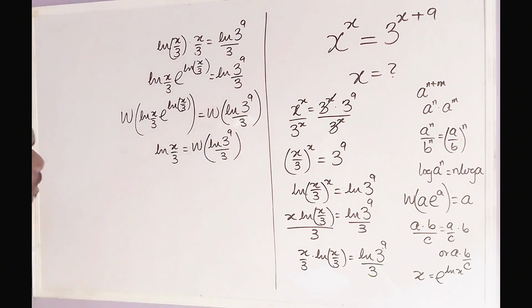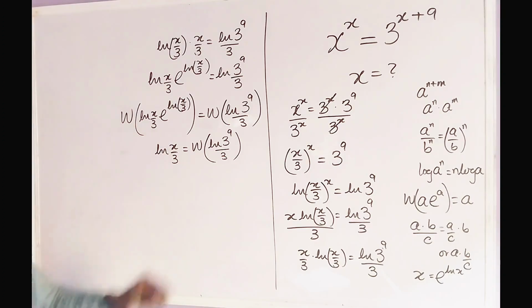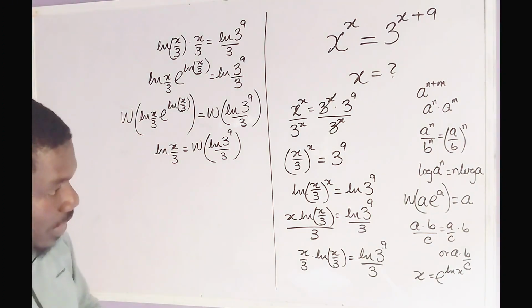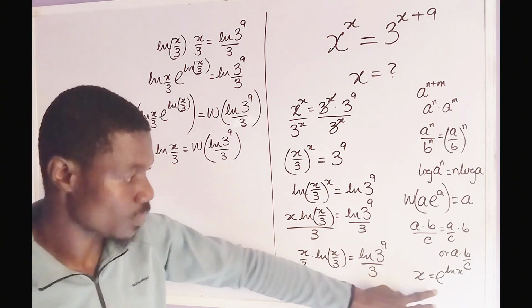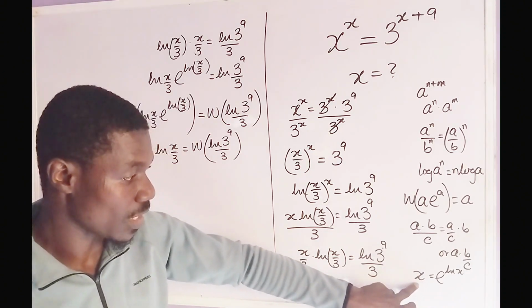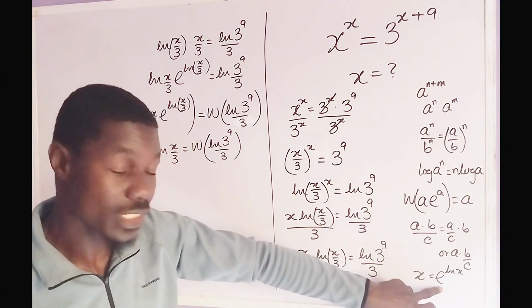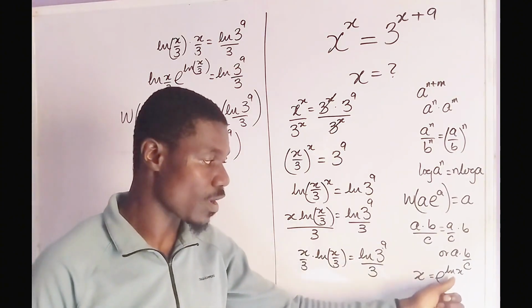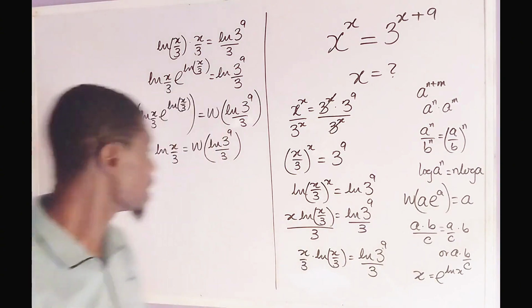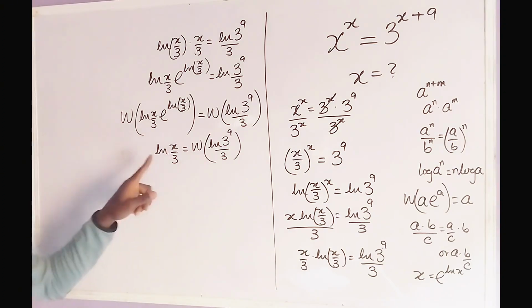Okay, now for us to find the value of x here, first of all, what we need to do, take note, according to this rule here, if we have x, we can actually write it as e raised to the power of ln x, and in the same way, if we have e raised to the power of ln x, this will also give us x. So which means we can actually apply e to both sides.